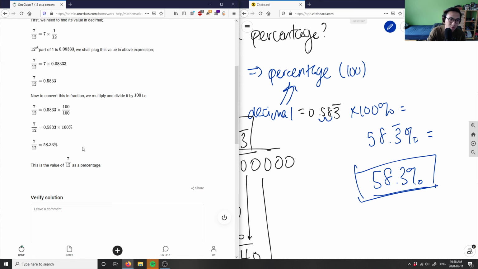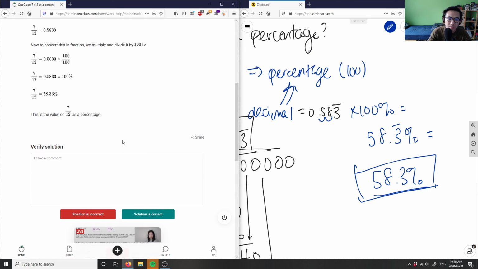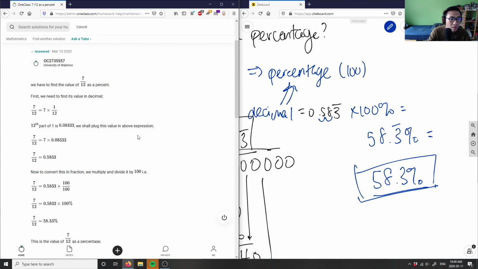As you can see, the solution here is correct, right? 58.33, I just wrote 58.3% here is the correct solution. So solution is correct. Good analysis. Let's see what they did here. They changed the 7 to 1/12, and they knew that the 12th part of 1 is 0.08333. So again, this here is the combination of the memorization method plus the long division method here.